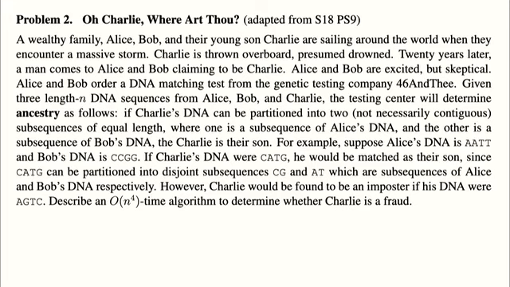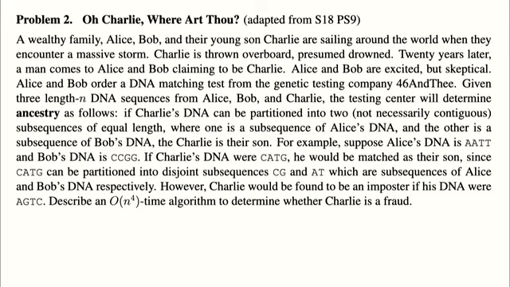And AT is a subsequence of Charlie's DNA and is also a subsequence of Alice's DNA. And so we've partitioned them into 2 equal length subsequences. These are not necessarily consecutive subsequences, but just any subsequences, such that they appear in Alice and Bob.